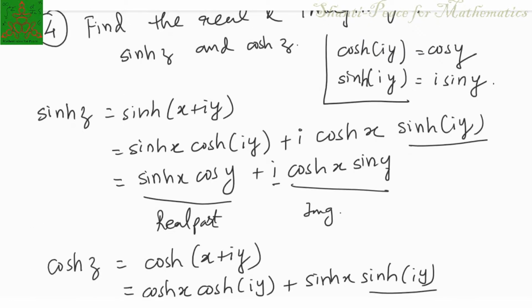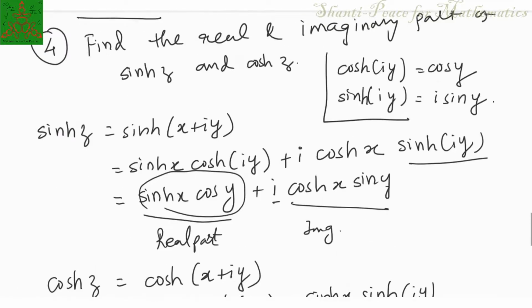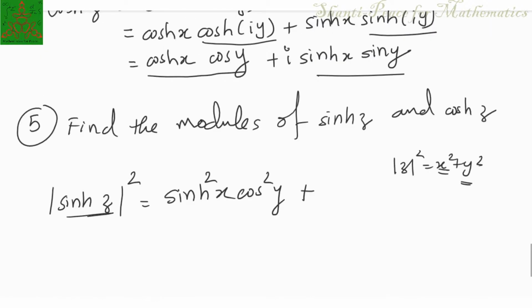The real part will be sine hyperbolic square x cos square y, plus the imaginary part, which is cos hyperbolic of x sine y, so that is cos square hyperbolic of x sine square y.